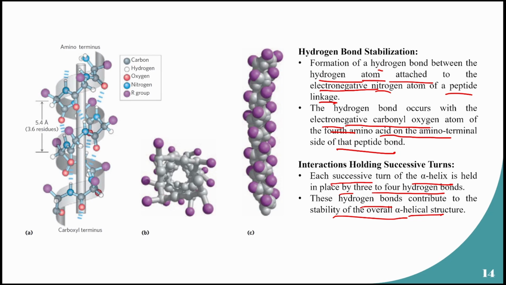So the formation of hydrogen bonds stabilizes those structures. There are other factors, of course. For example, there could be electrostatic interactions, salt bridge formation, etc., that can stabilize the folding in certain cases, right? So hydrogen bonds are necessary for secondary structure formation or stabilization of those.